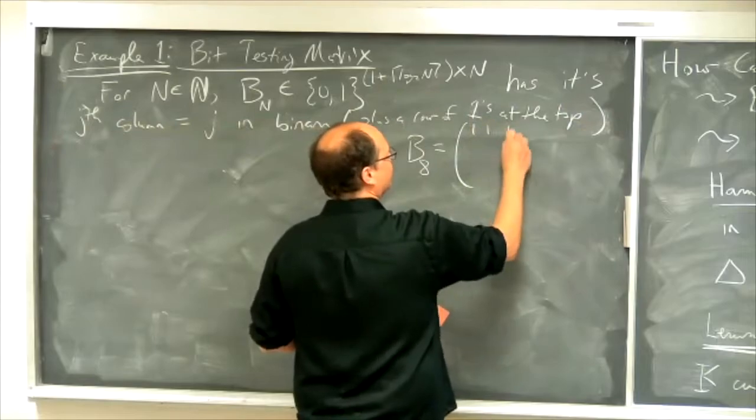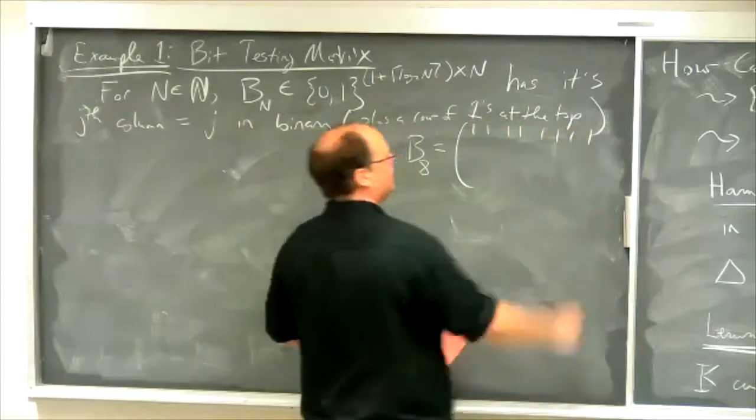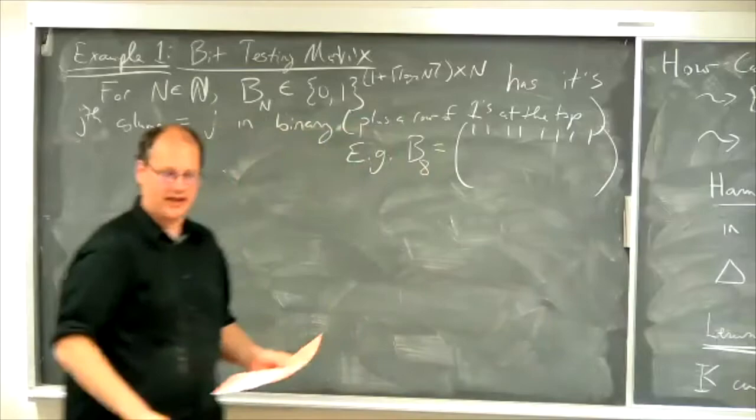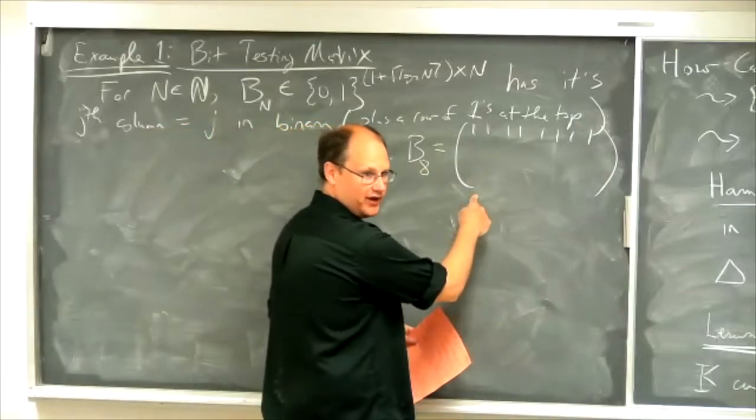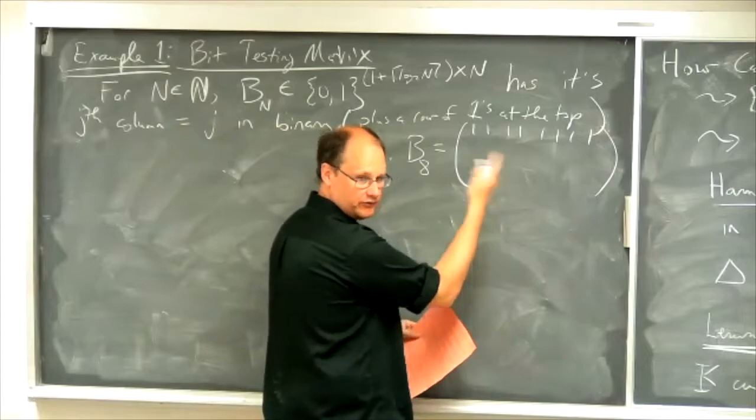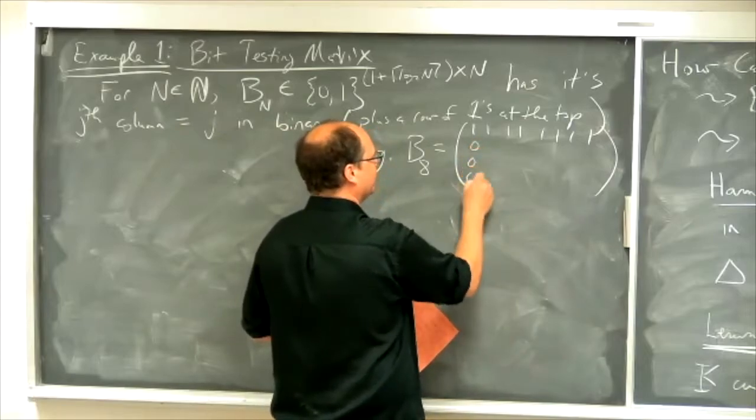So this is going to have 8 ones at the top, and then I'm just going to write out 0 through 7. So I'm indexing everything from 0 to n minus 1. This is one of the reasons why that's a little bit more convenient, right?